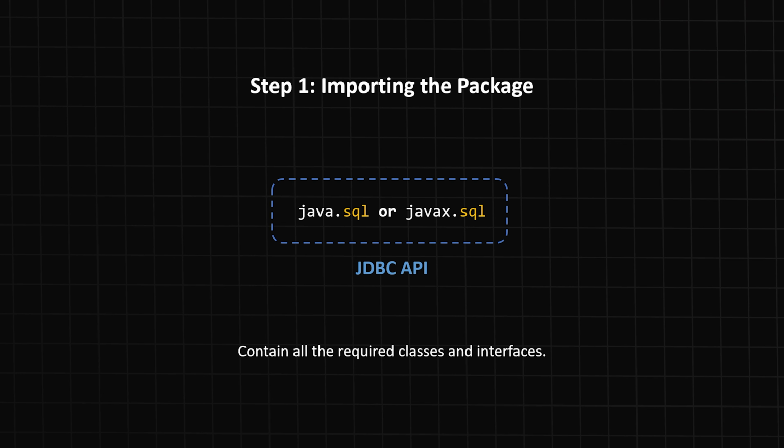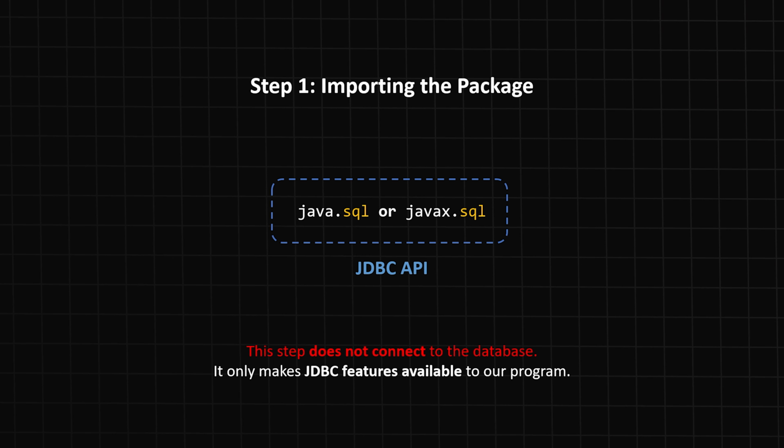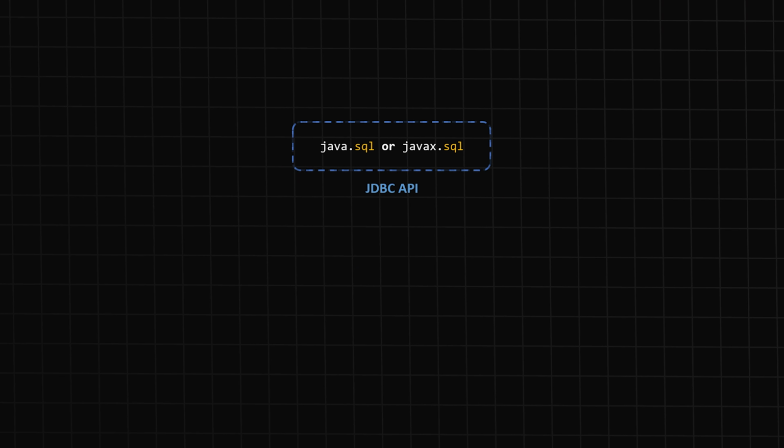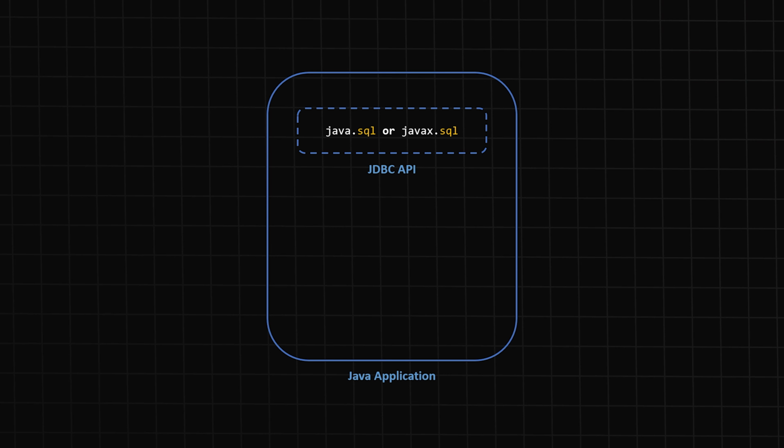So to use the JDBC features, we have to import the packages. Now note that this step doesn't connect to the database. It only makes the JDBC features available to our program. And it is mandatory because JDBC classes are not part of the default Java language, right? Now we have imported our packages inside the Java application, right?